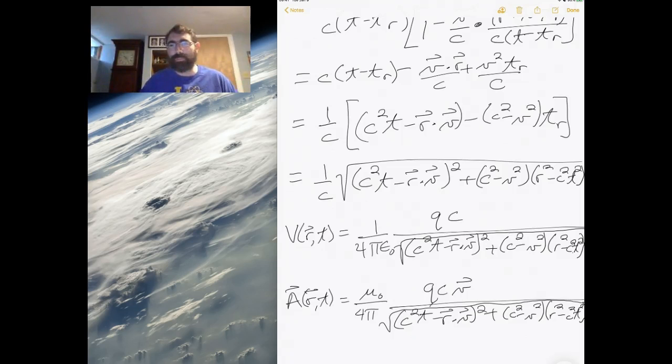So it's looking kind of messy, but what we eventually have is these equations for a single point charge moving with a constant velocity v, which has now given us these time-dependent potentials.